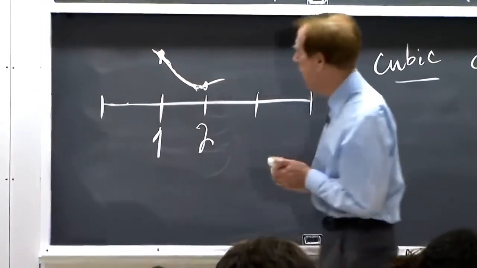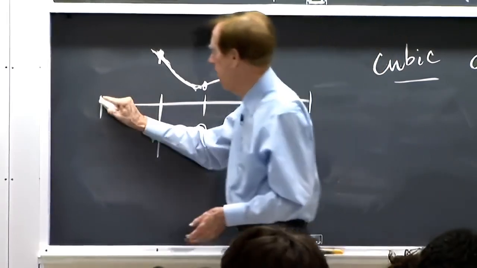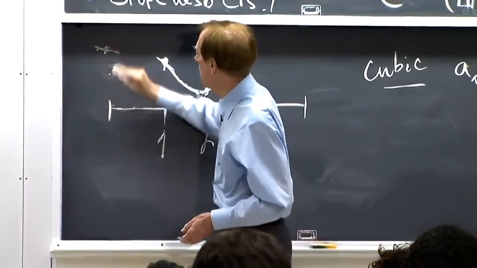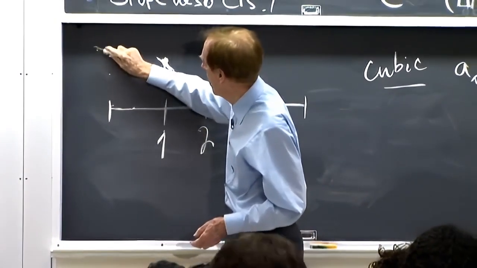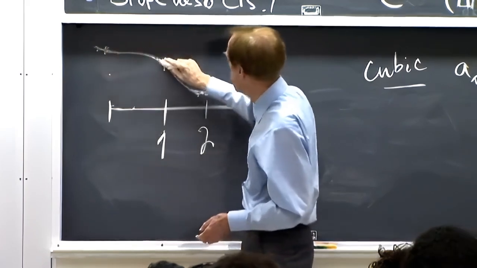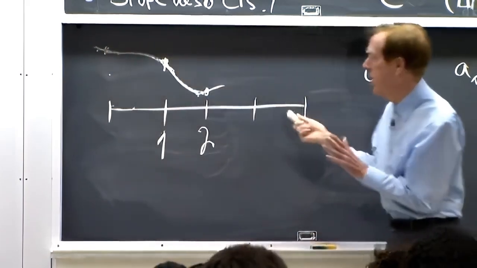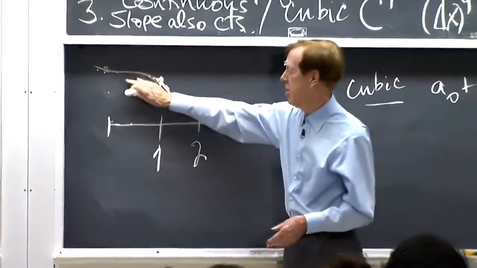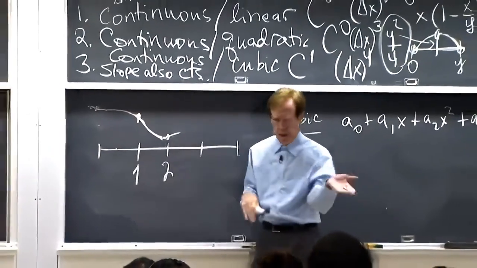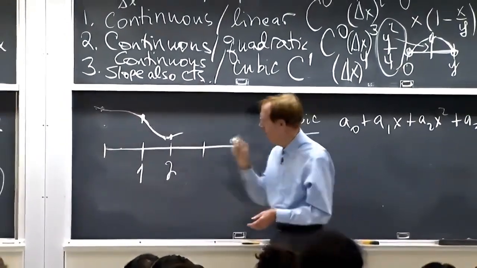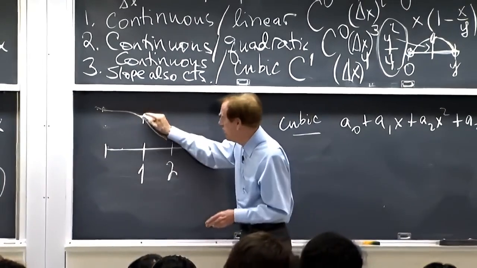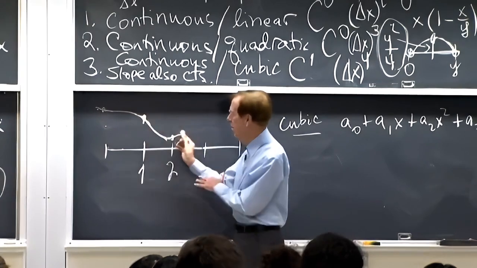There's 1 cubic that'll do that. And then whatever the height here is and whatever the slope there is, there'll be 1 cubic with that height and that slope that comes into this one. And do you see that they will have continuous slope? Because of course the slope is continuous in between. It's a polynomial. The question is always at the nodes, but I use the same number coming from the left and from the right.